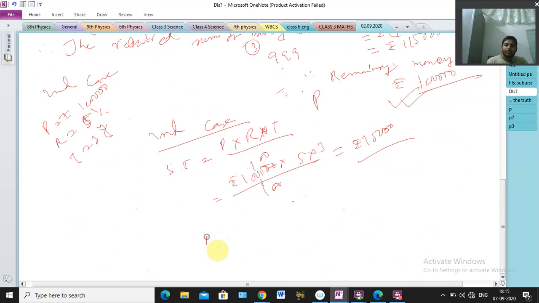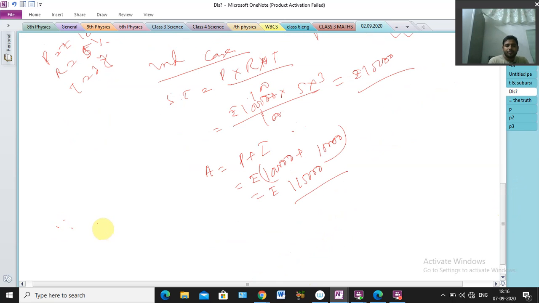Amount equals principal plus interest, that means 1 lakh plus 15,000, which is 1,15,000. So rupees 1,15,000 she paid after these 3 years.